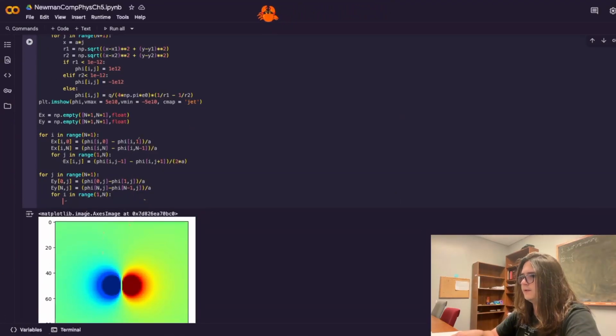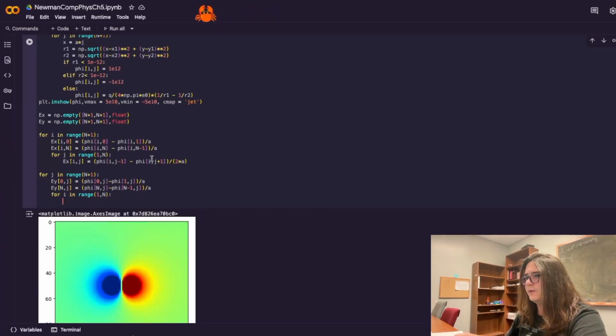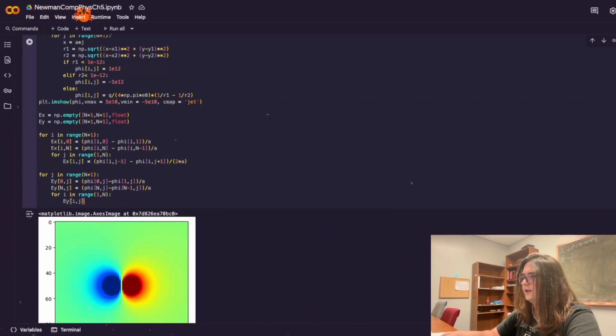So if it wasn't clear, these are coming from derivatives with respect to x on the scalar potential, these guys will come from derivatives with respect to y on the scalar potential. So that's why it's split up into x and y again.